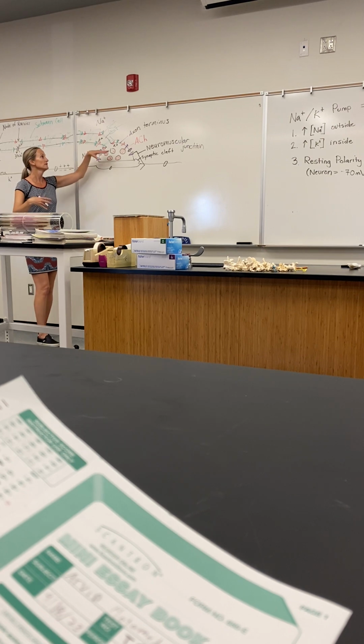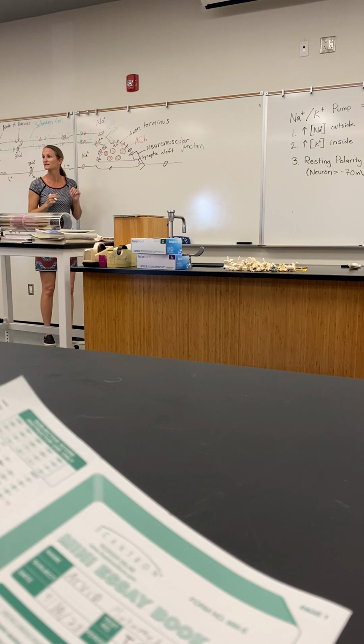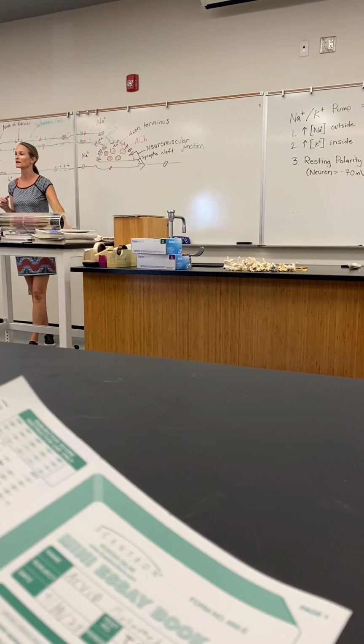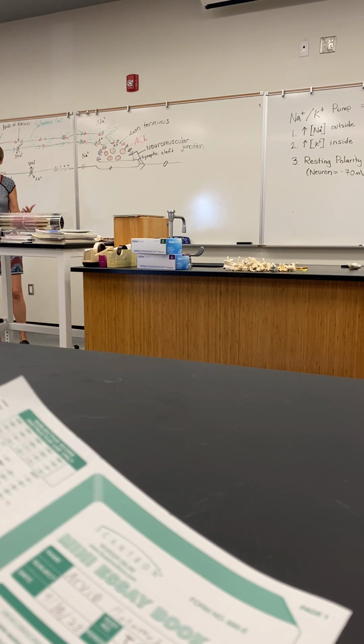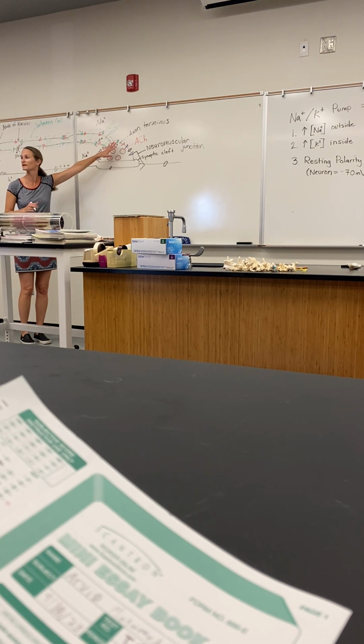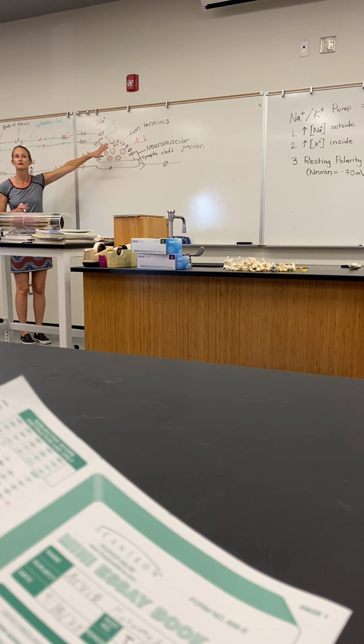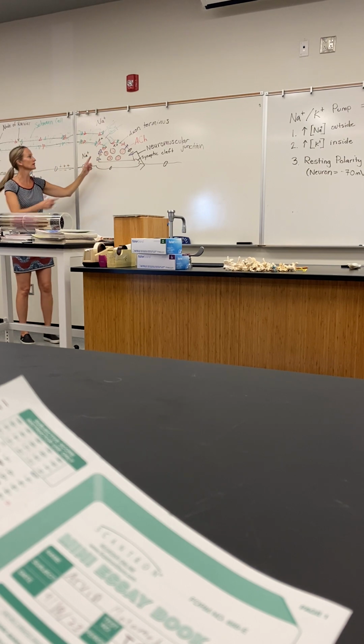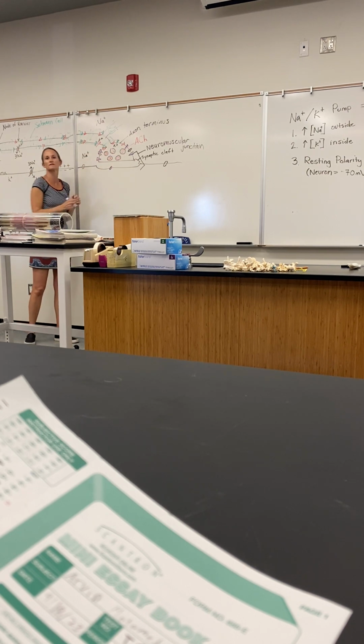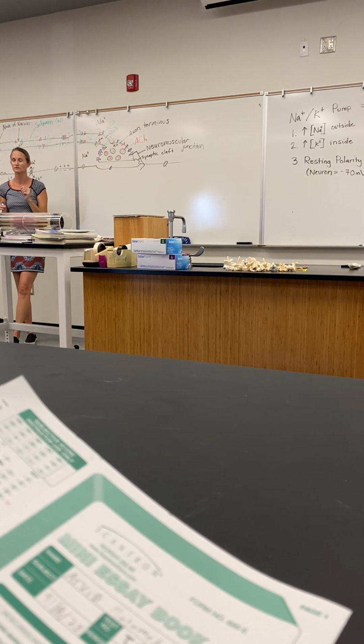Then the potassium channels open, all that potassium floods out, and the terminus gets really negative again. So when the action potential hits the axon terminus, the getting positive is what triggers the opening of these voltage-gated calcium channels.